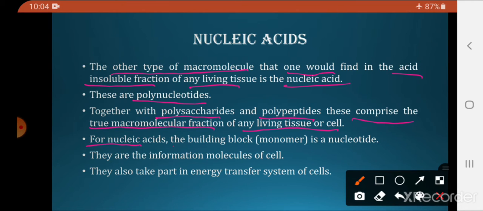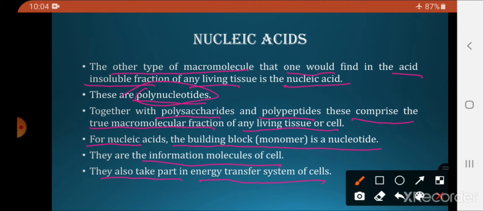For nucleic acids, the building block or monomer is nucleotide. What are nucleic acids? They are polynucleotides. So what is the monomeric unit of nucleic acid called? It is called a nucleotide. They are the information molecules of the cell. So basically they store the information of the cell. They also take part in the energy transfer system of cells.